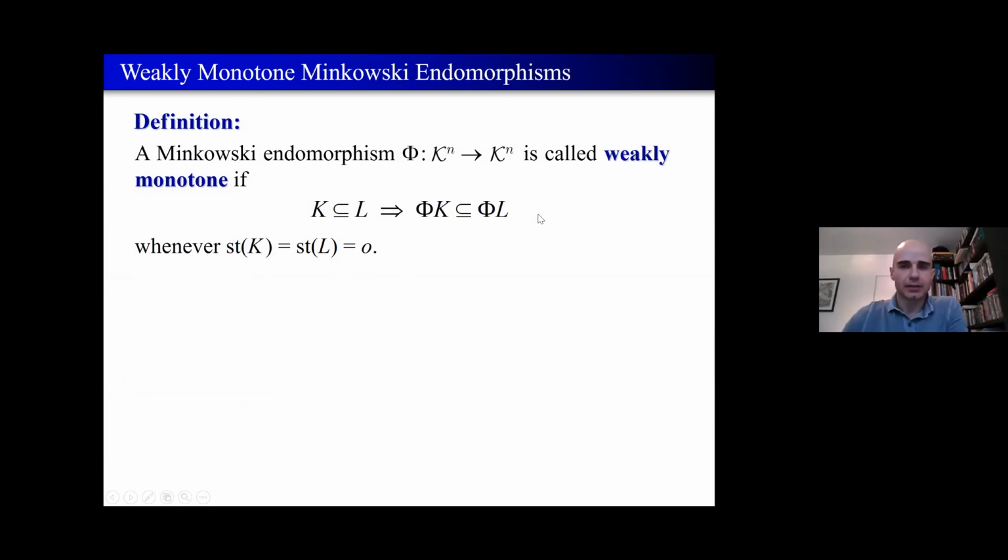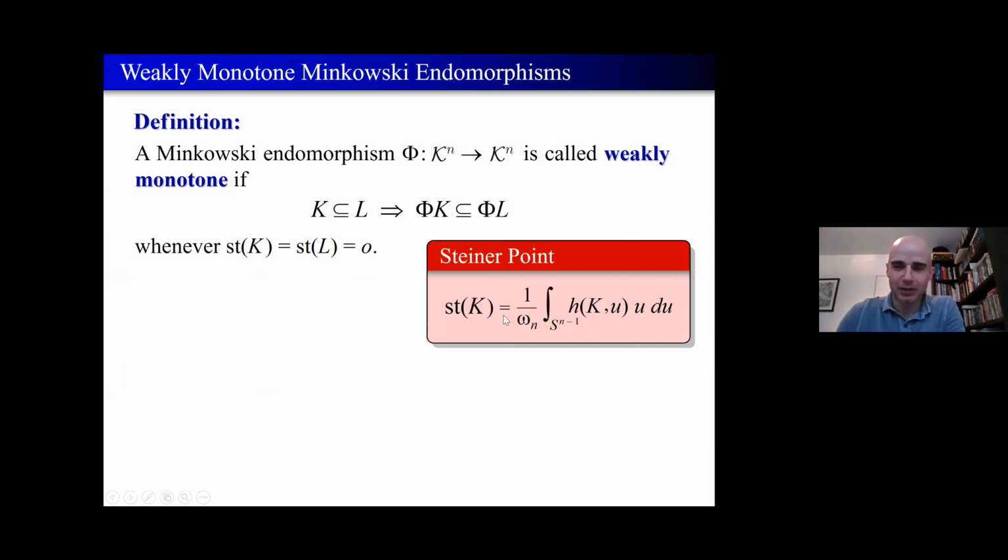And here is their definition. And here comes the Steiner point that was mentioned by Boas before. So a Minkowski endomorphism is called weakly monotone if the usual monotonicity holds, but only for those bodies whose Steiner point is at the origin.